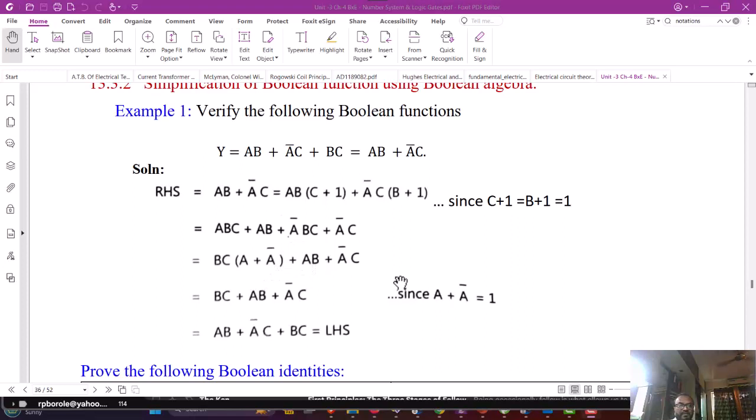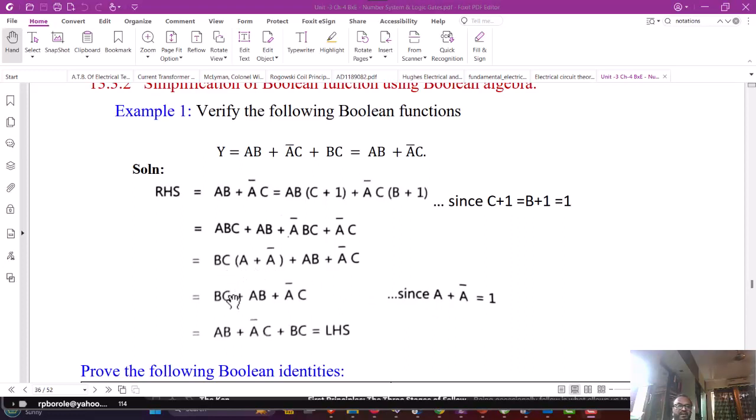The remaining terms are kept as they are, that is AB and A bar C. As we know, any variable ORed with its complement is 1. So A or A complement is 1, and therefore replace this bracket with 1.